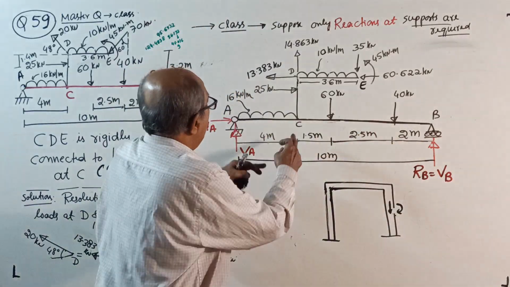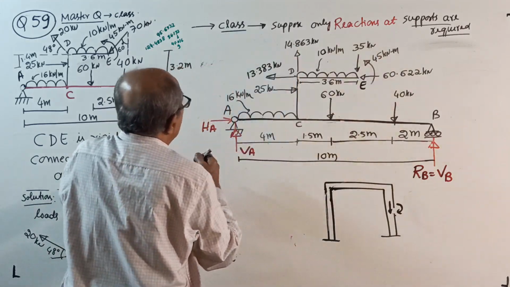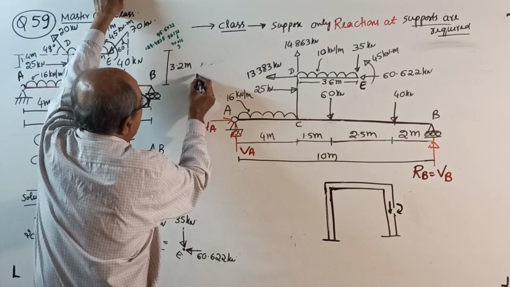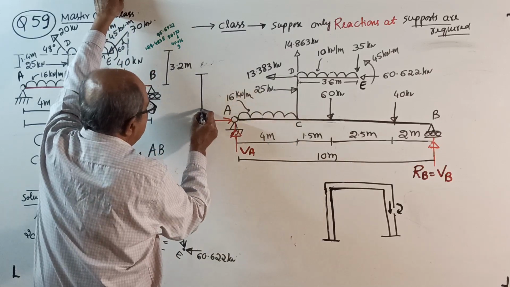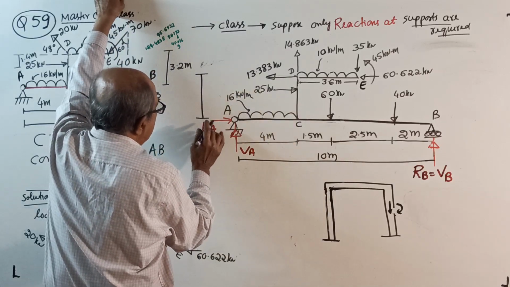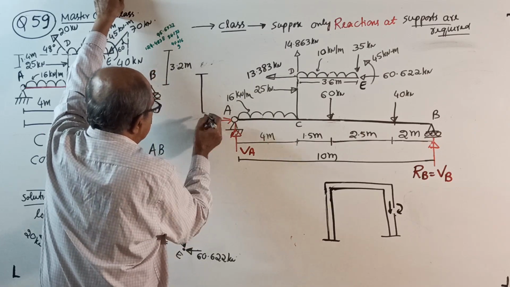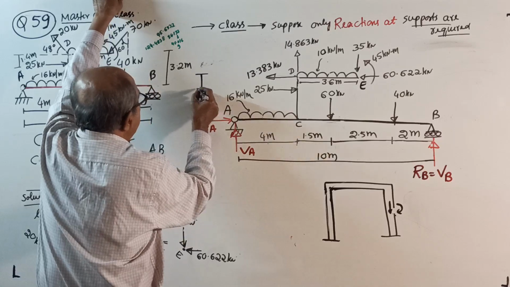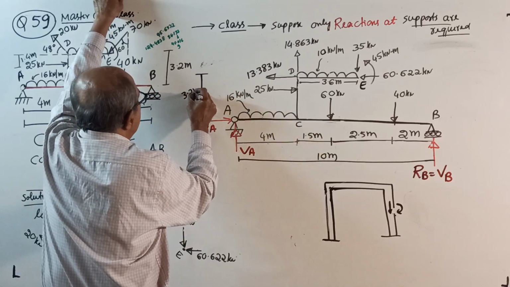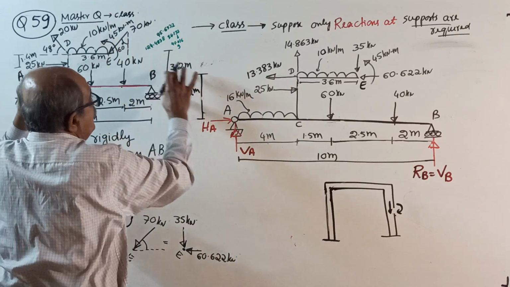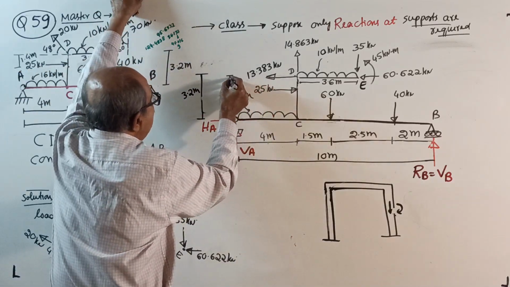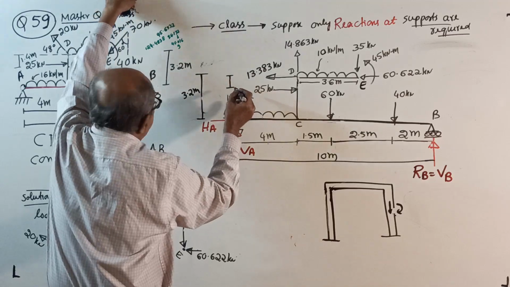Then at C, vertically it goes up. There is no place right here, so I'll write here now. This level is 3.2 meter, as given in the question, and this load distance is 1.4 meter.